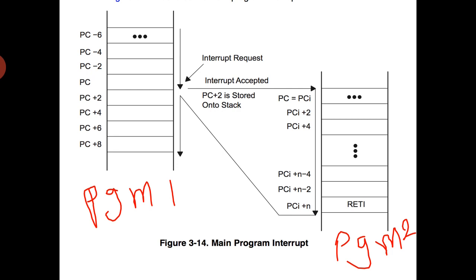After the complete execution of the interrupt service routine, the state of the processor is restored. Means whatever data is present in the stack is sent to the program counter, so that the interrupted program continues to execute.